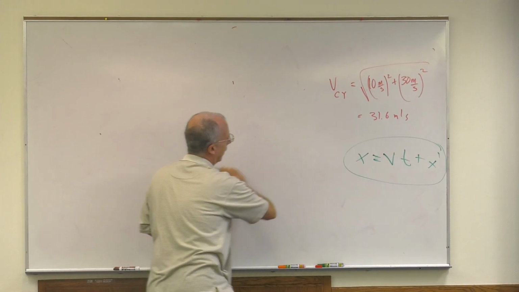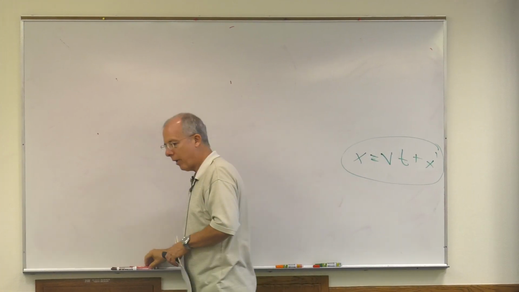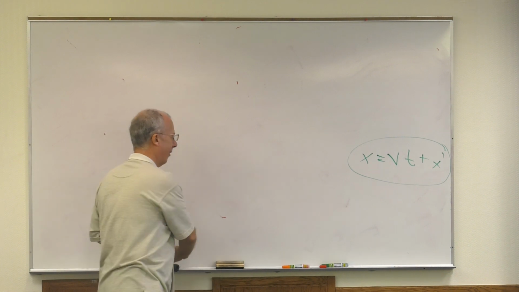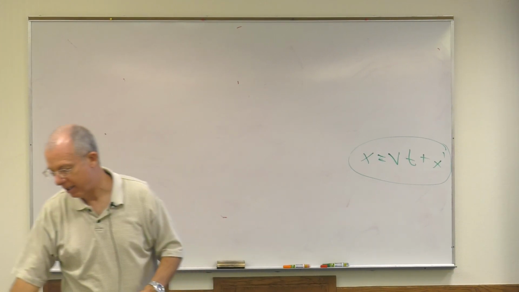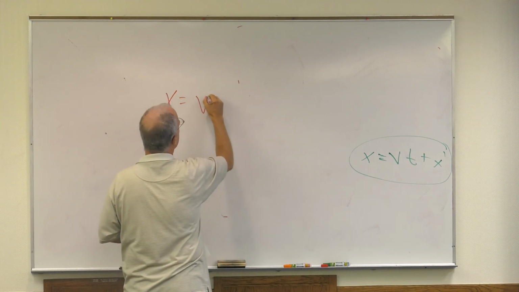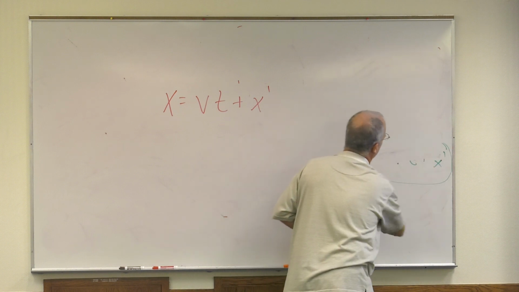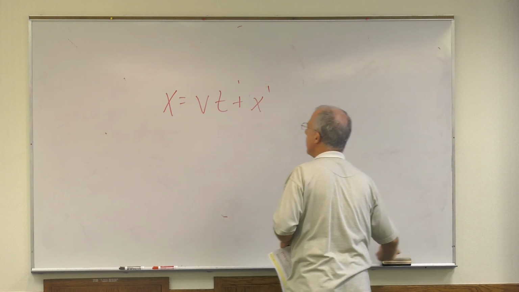Well, in Physics 121, where we know calculus, we can answer that question. You just take the time derivative. So we have x equals vt plus x prime, and we take the time derivative.